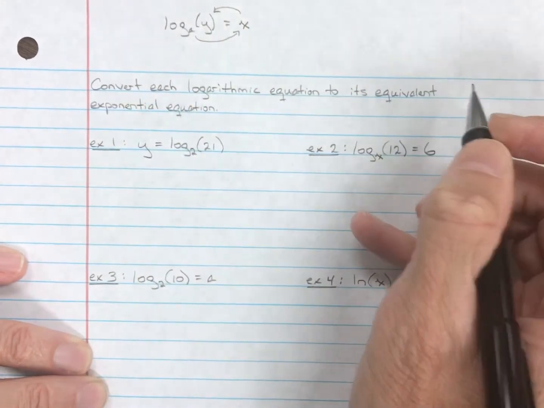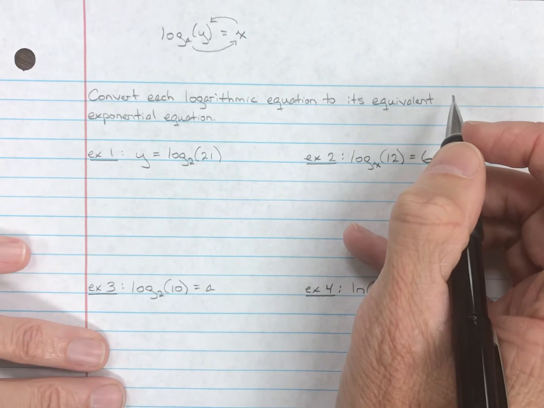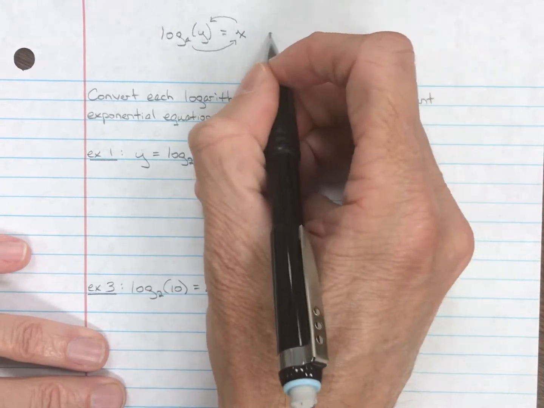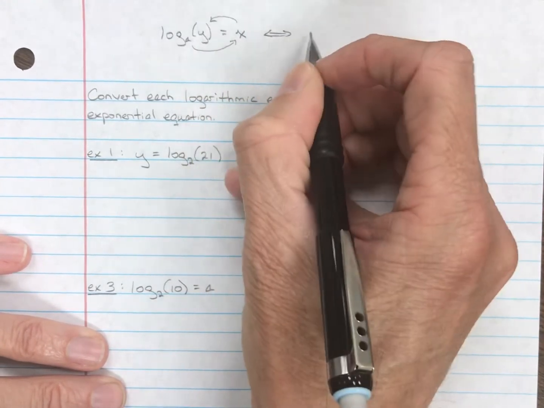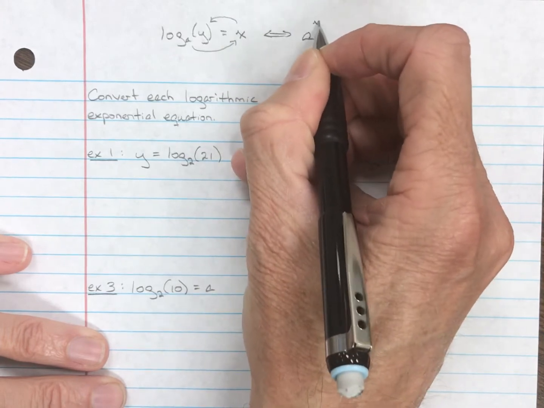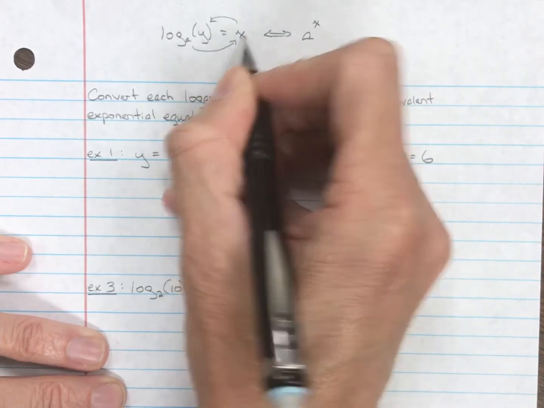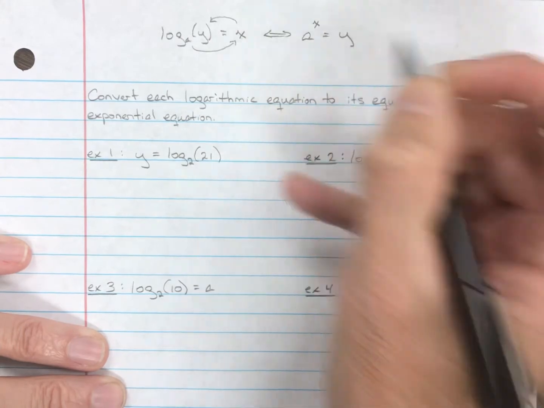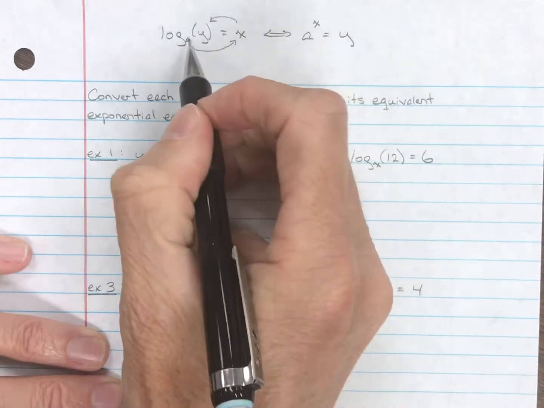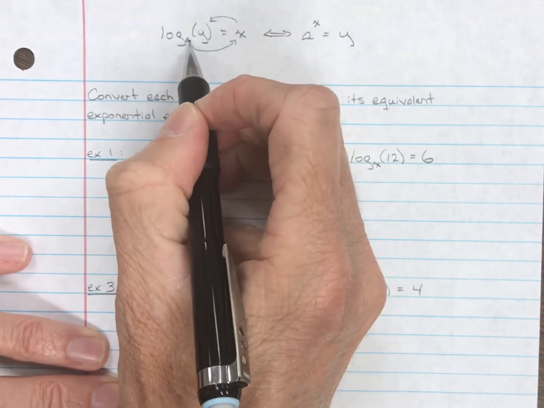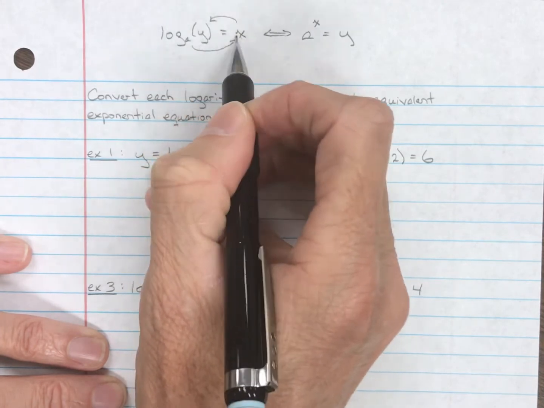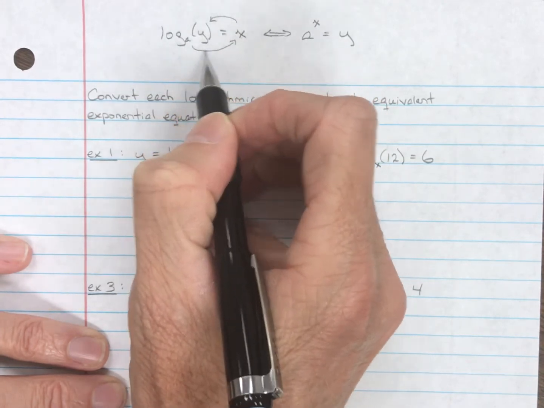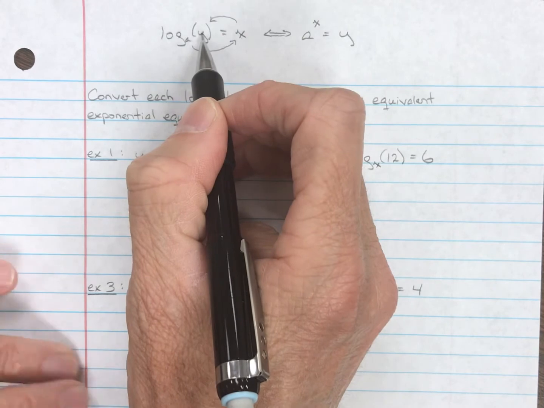It helps me keep it straight; it's just something I was taught way back when. So this is equivalent to the base a raised to the x as an exponent, which is equal to the argument y. I start with the base and then do a counterclockwise circle: a to the x equals y.